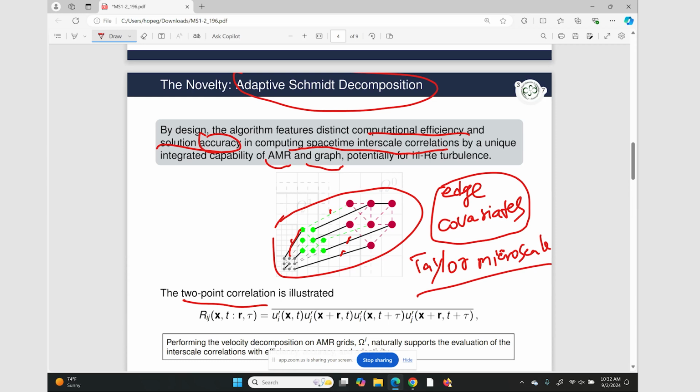Basically, if you have knowledge about the velocity fluctuations and the viscosity, we can compute this based on an empirical relationship. This is your viscosity, this is your fluctuation, and this is the dissipation rate.